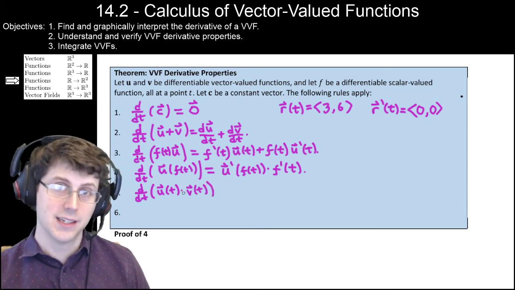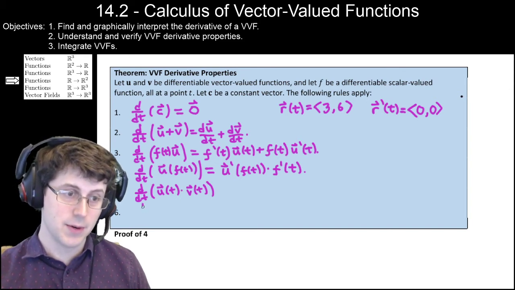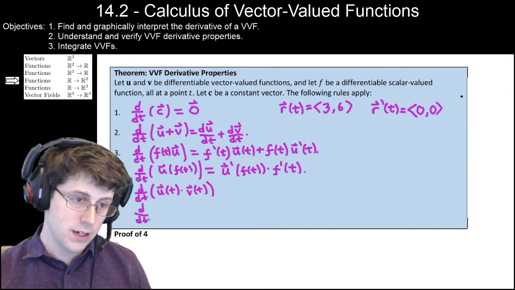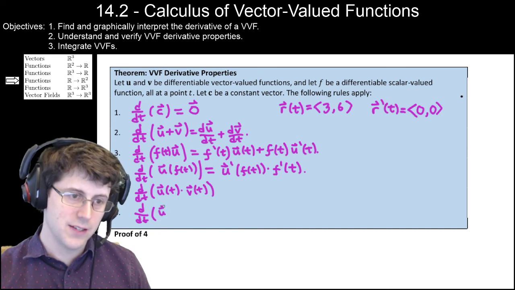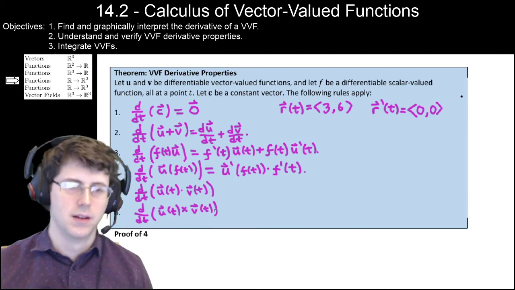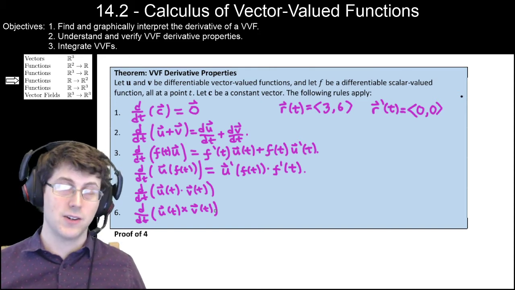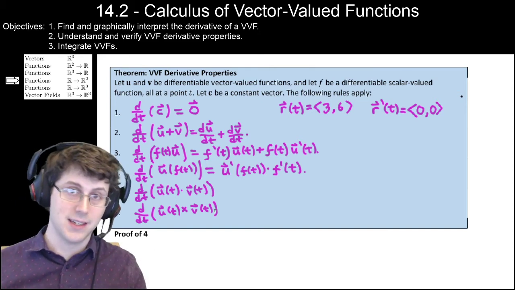There's two ways. You could multiply two vector-valued functions together using the dot product, or you could multiply them using the cross product. With one of these we have to be a lot more careful than the other, because with cross products, the order matters.